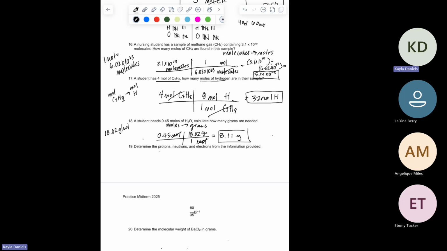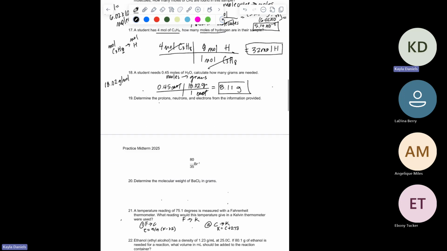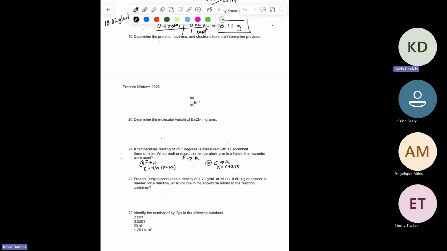All right, 19. We are given a nuclear symbol here, and we are asked to find the number of protons, neutrons, and electrons. The protons in our symbol is the bottom left number always. So protons here is 35.